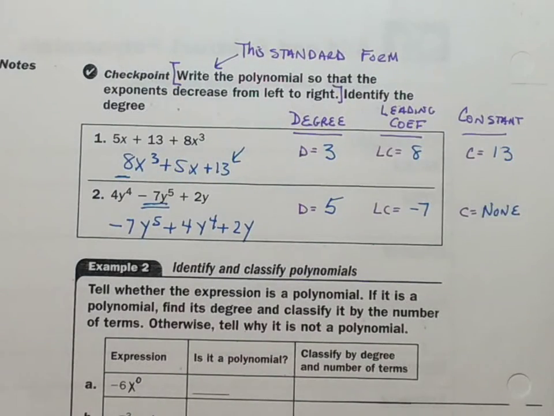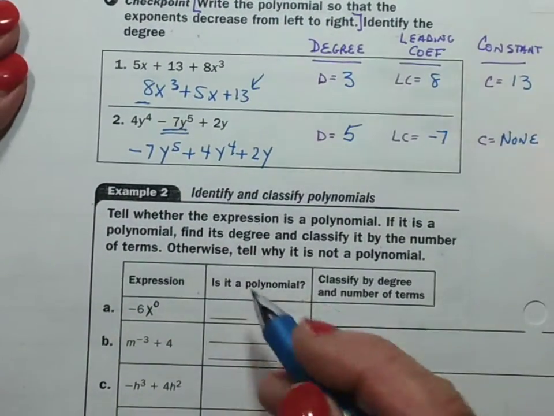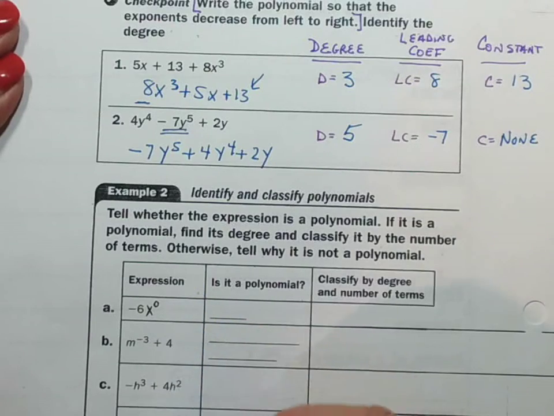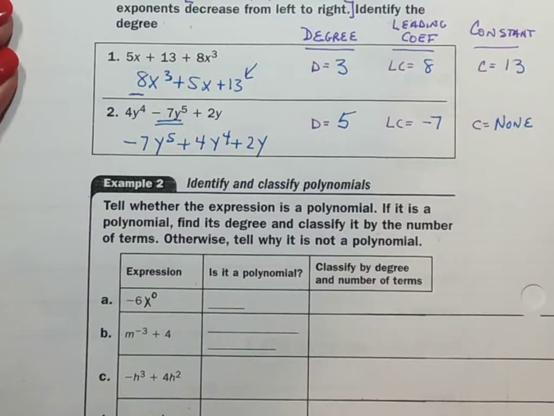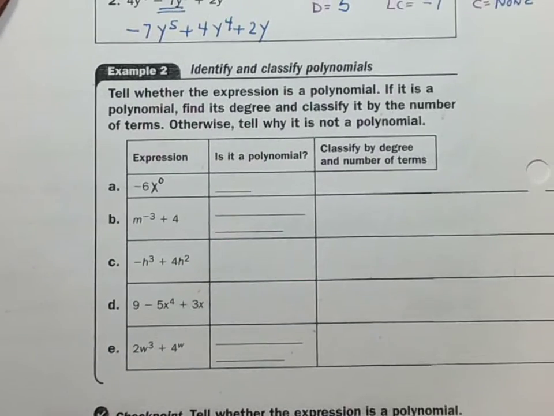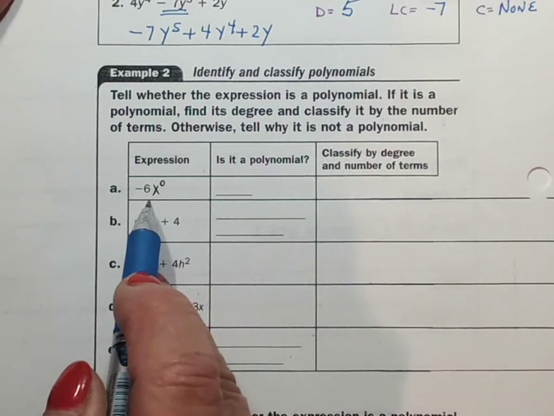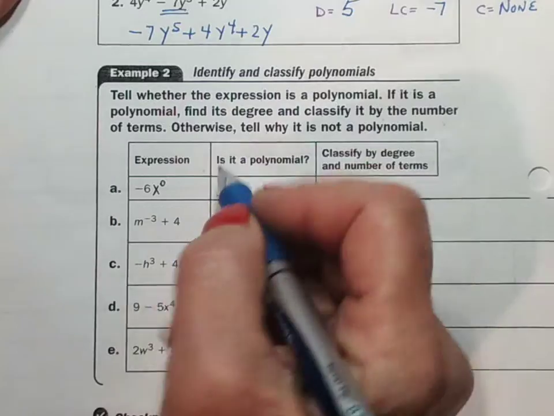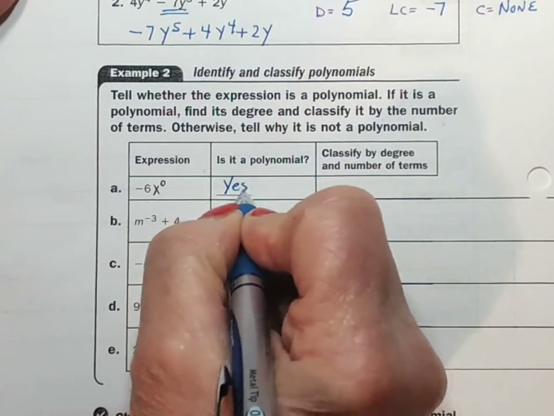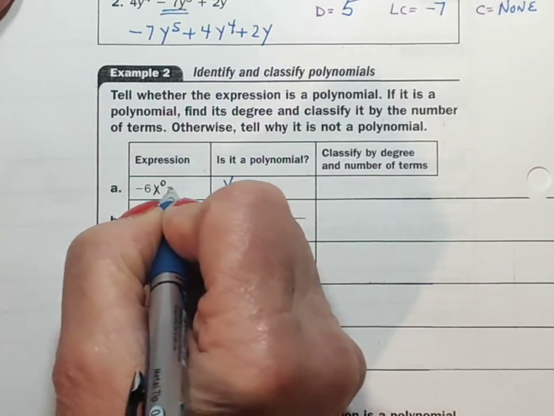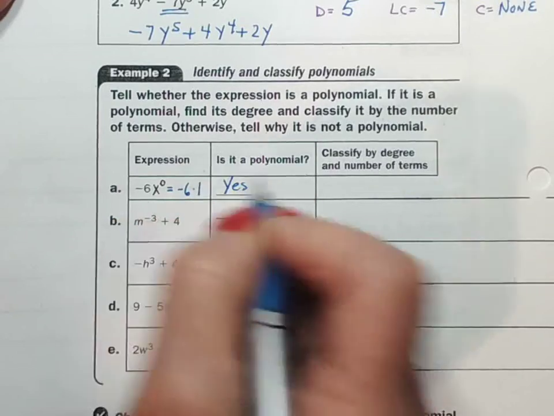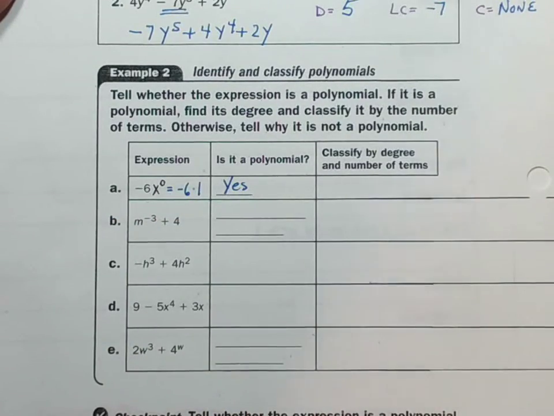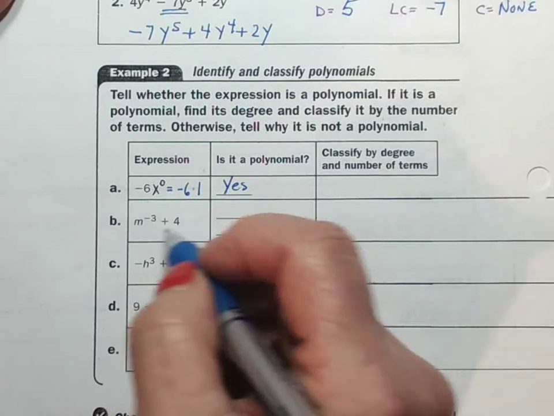All right, so now we want to identify which of these expressions are polynomials, and explain why. Is this a polynomial? Well, yes, because this is basically negative 6 times 1, so that's a polynomial. Is this a polynomial?